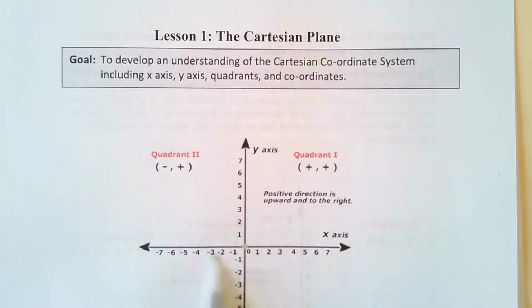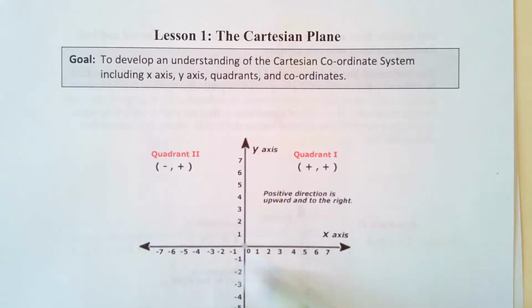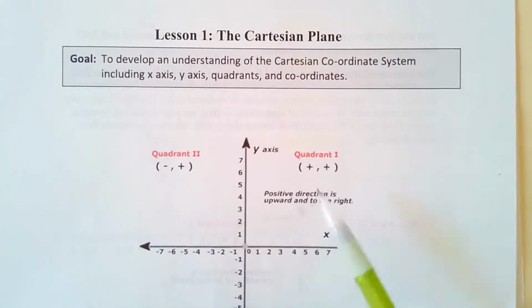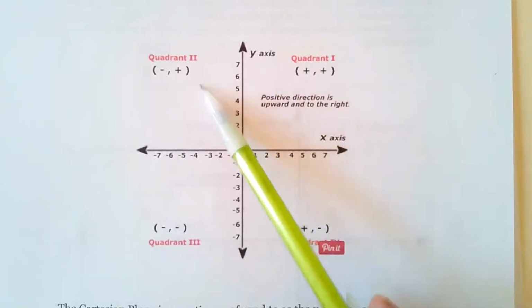And we label the point where the x and y meet 0. To the right of the y-axis, the x is labeled positive. To the left is negative. On the y-axis it is labeled positive going up, negative going down. We learned about the 4 quadrants, 1, 2, 3, 4.